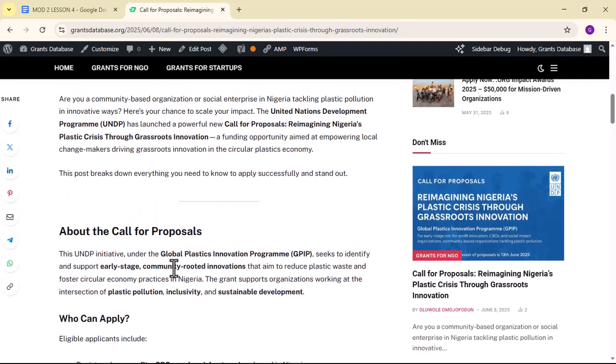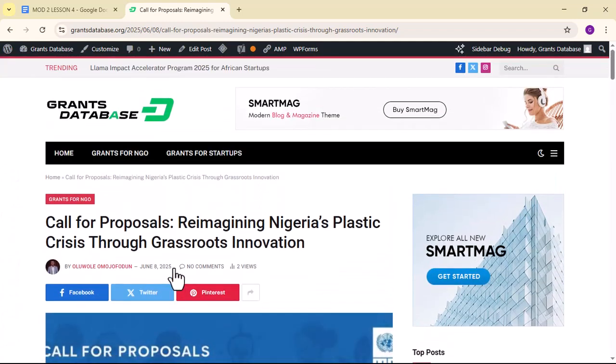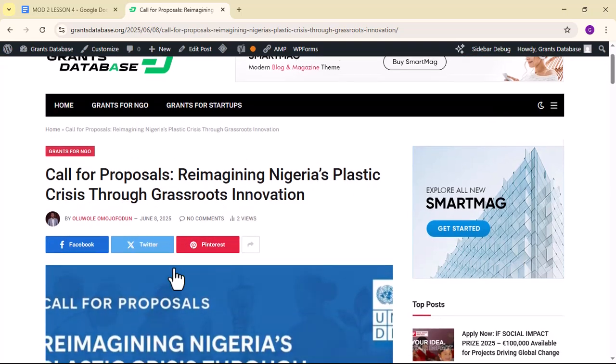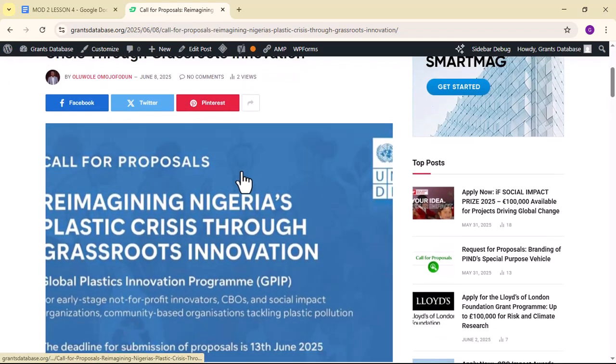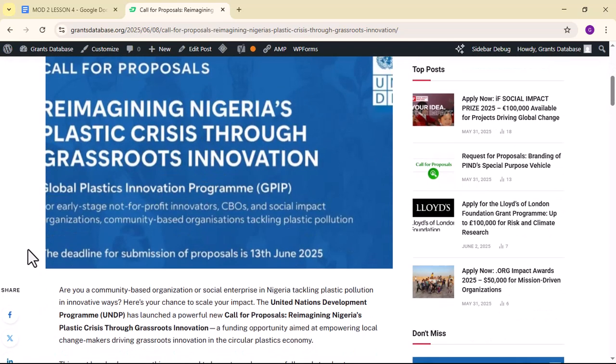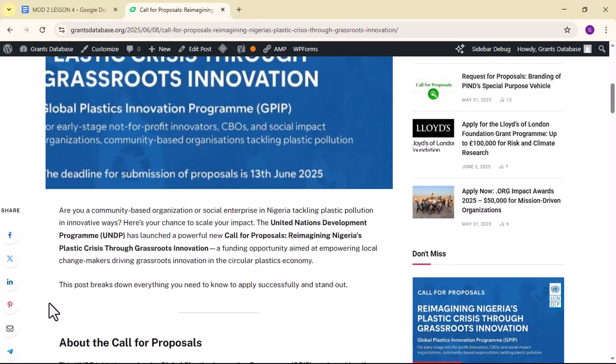Now, let's do a deep dive here. This is grantdatabase.org, a platform for grant opportunities across Africa. Here we have seen the title, and remember in Lesson 2, we talked about some of the major aspects to look at, how to read all of these things, and where to look and where not to look in order not to waste your time.